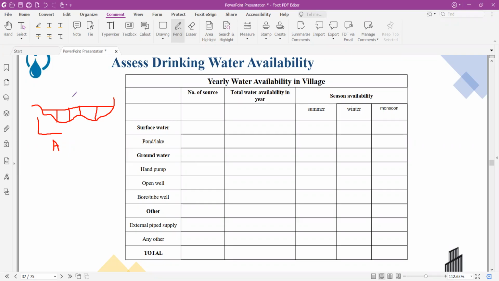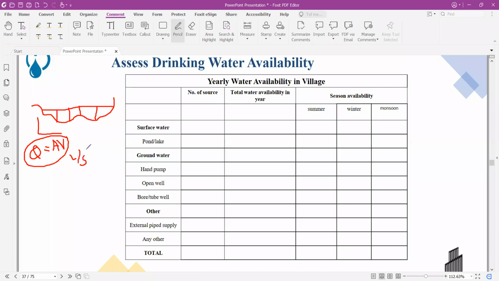By using a pitot tube or different instruments which can measure velocity, we can measure the velocity of a river or a stream. Multiplying it with the area, we get the discharge. We will probably get that in meter cube per second or liter per second.